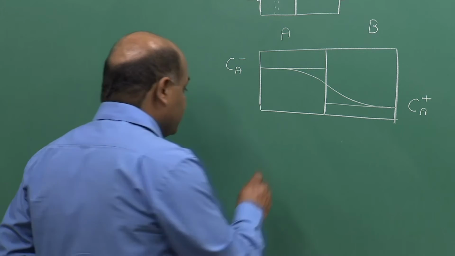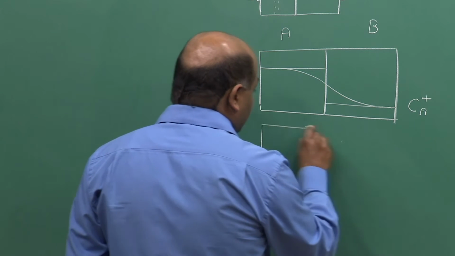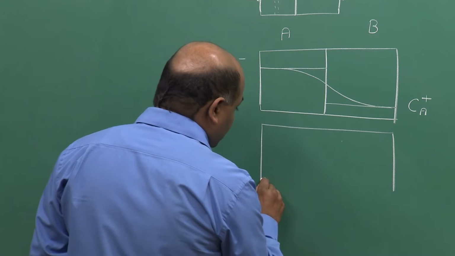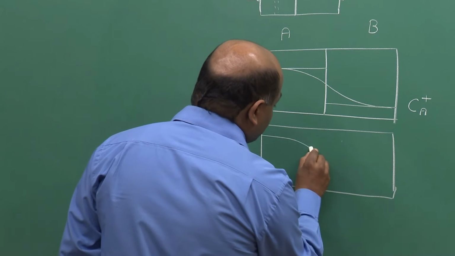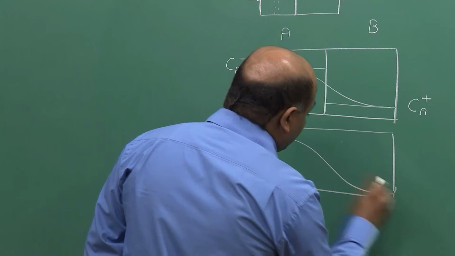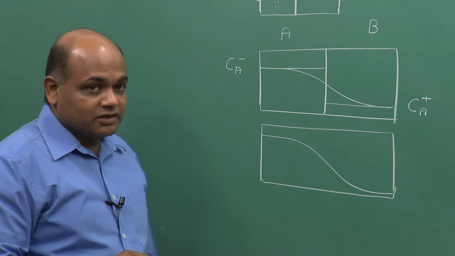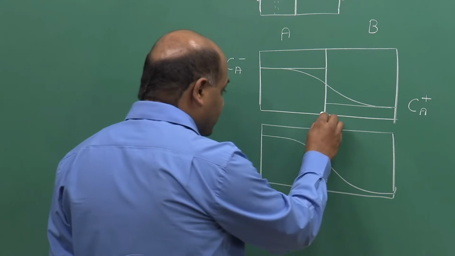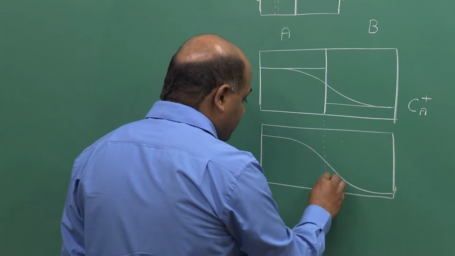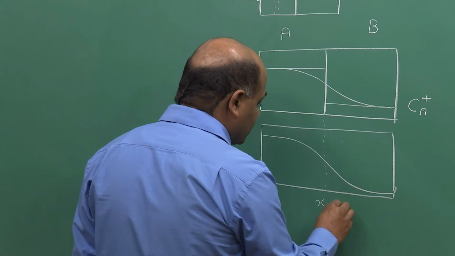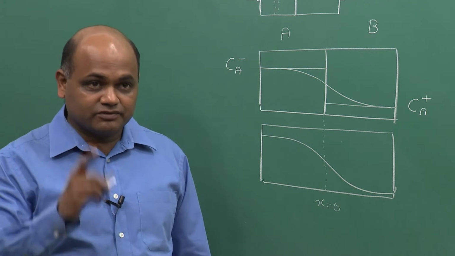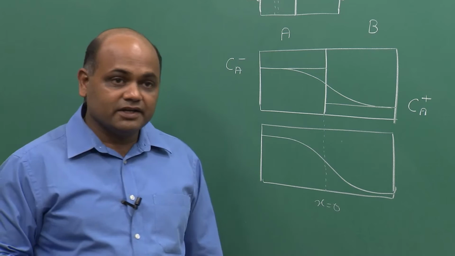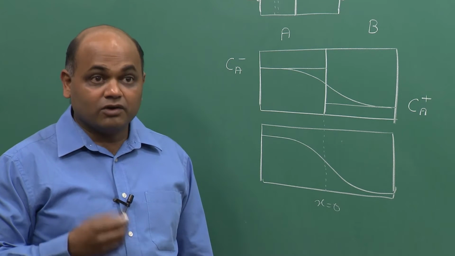So, what we will see is only concentration profile, something like this. So, how do we identify this initial contact plane, where we assign x equal to 0? That is our plane of reference. So, it is first important to find out that initial contact plane. So, how do we go about this?